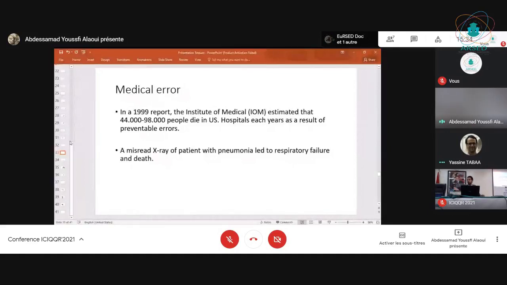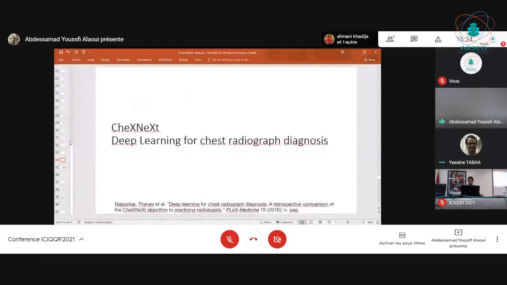It's a problem at a very large scale. So there are solutions that are developed in the state of the art in order to overcome this problem and improve the misreading of X-ray images.